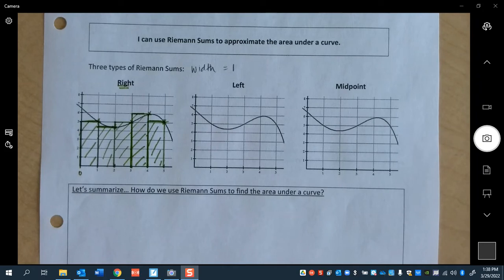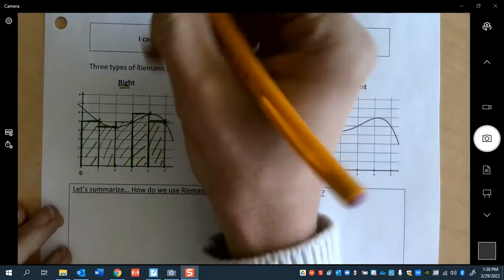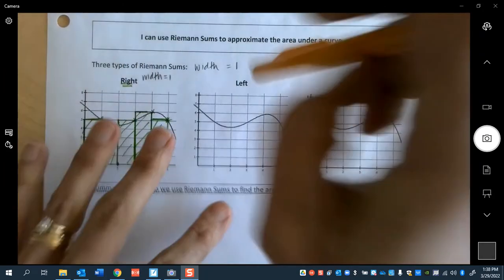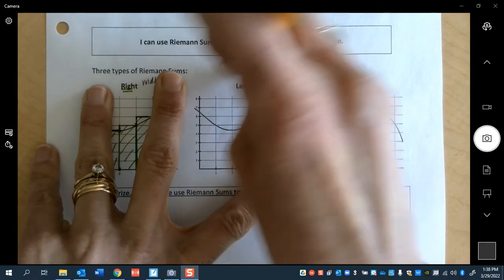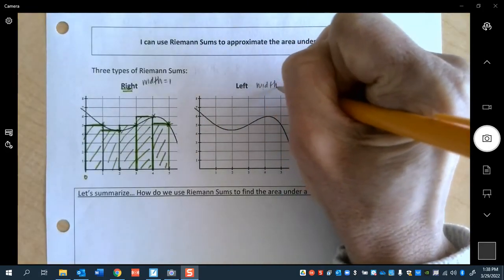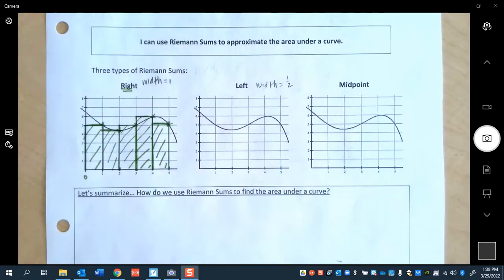So why don't we go ahead and do this one a little differently. Here we have a width. We're going to change this. Width is equal to 1 for our left hand sum. Let's make this one a width equal to 1/2.